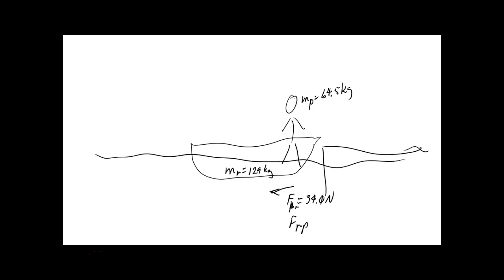Go back. Don't mess with conservation of momentum here. Let's just look at the statement. The law of reactions is on page 138. For every force applied by an object A, the person, to object B, the rowboat, there is an equal but opposite force exerted by object B, the rowboat, to object A, the person.